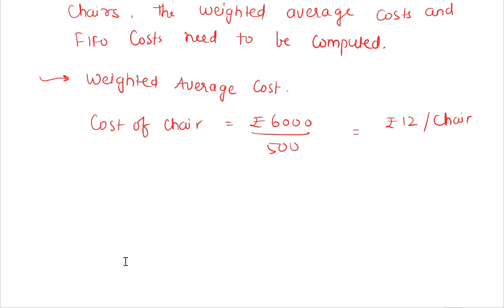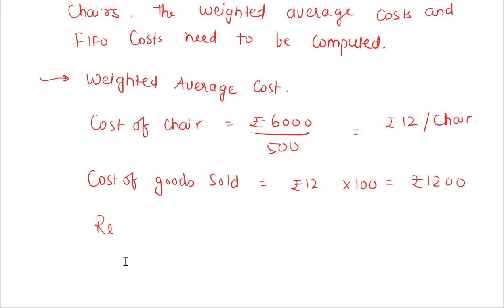Cost of goods sold equals rupee 12 multiplied by 100 equals 1200, and remaining inventory equals rupee 12 multiplied by 400 equals 4800.